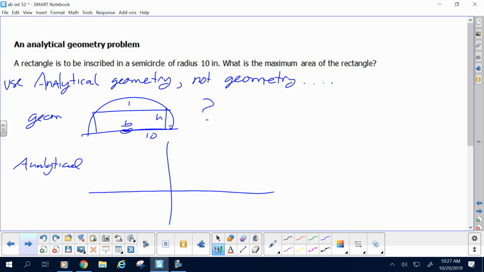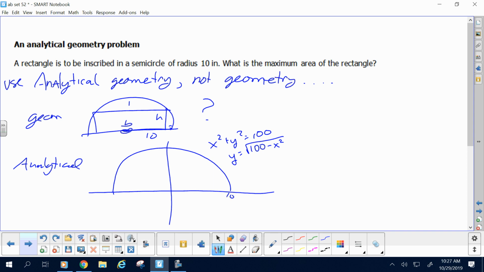So if I have a radius of 10, then that means either x squared plus y squared equals 100, or, because it's only a semicircle in the top half, we could also say y is the square root of 100 minus x squared. The positive, because it's the top half of the circle.